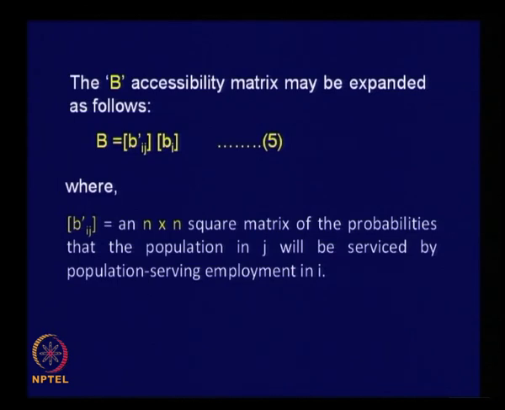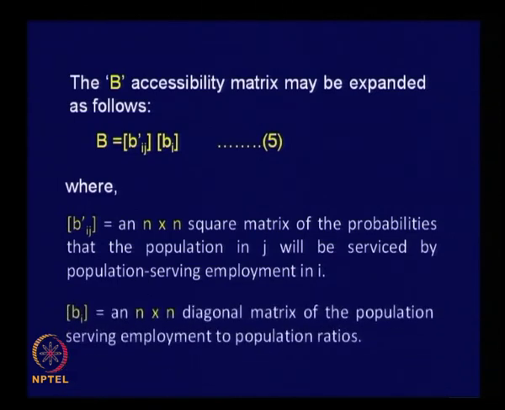That is how we must understand the location of population serving employment centers. And Bi is again an n by n diagonal matrix of the population serving employment to population ratios, as we saw in the previous case.